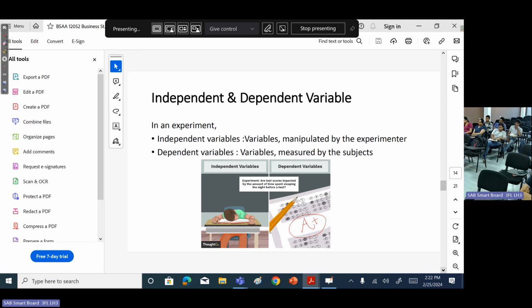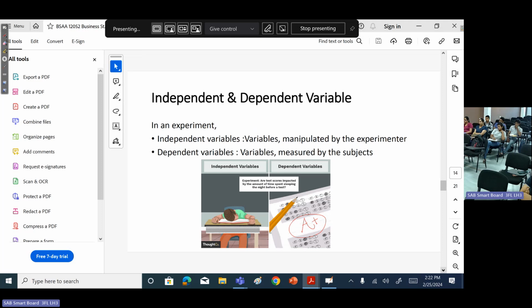But the dependent variable depends on the other variable. Think in the business field, they identify the relationship between advertising expenditure and monthly sales income. These two variables are related.